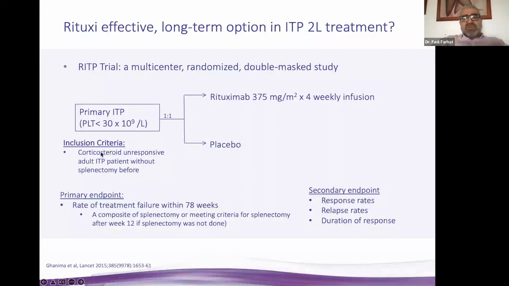Those were patients that were corticosteroid unresponsive, adults, we are not talking today about pediatrics, without splenectomy. So it's the dose, the schedule, and the indication that we use in our practice: patients who are unresponsive to steroids. And the primary endpoint was the rate of treatment failure within 78 weeks. The secondary endpoints were response rate, relapse rate, and duration of response.